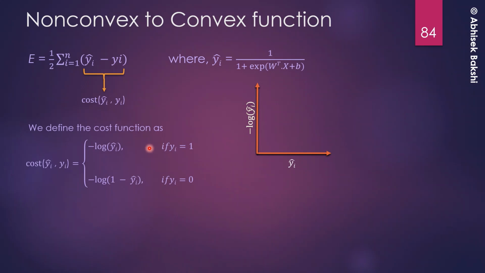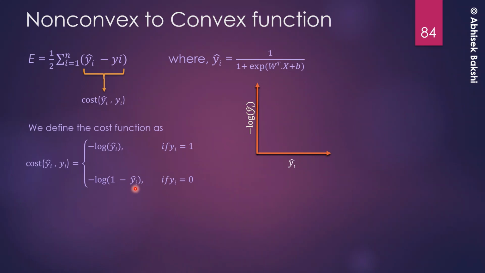And if the actual output is 0, then the cost function of yi cap and yi is considered as minus log of 1 minus yi cap. So naturally a question will come to your mind: why exactly are we taking these two different scenarios? Why log of yi cap, something like minus log of this?